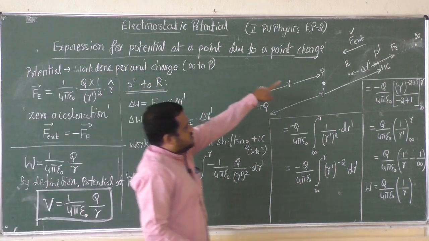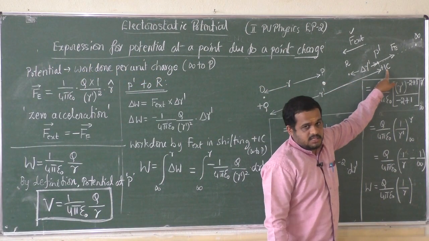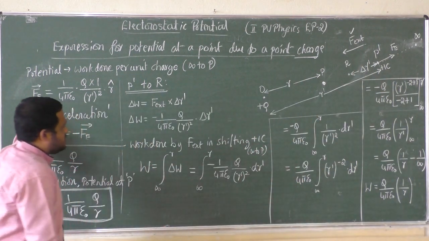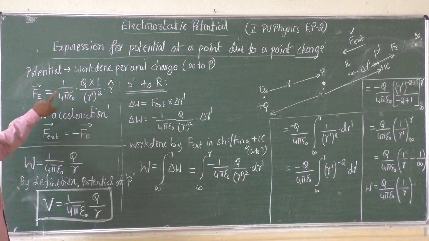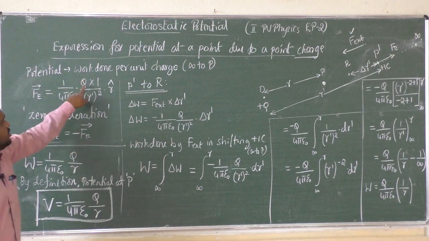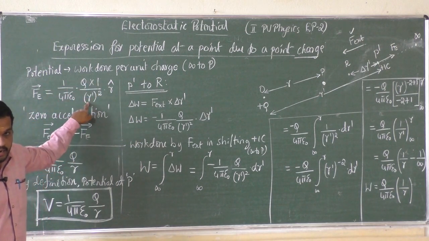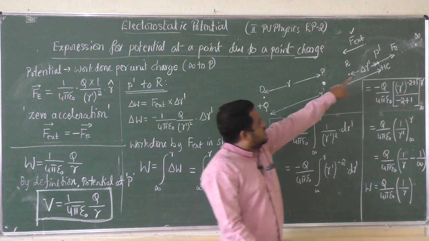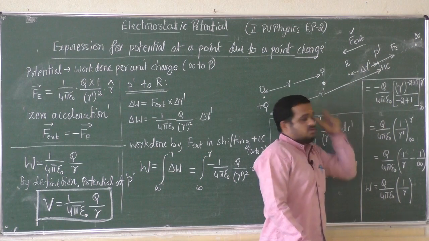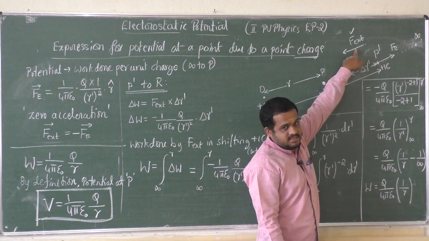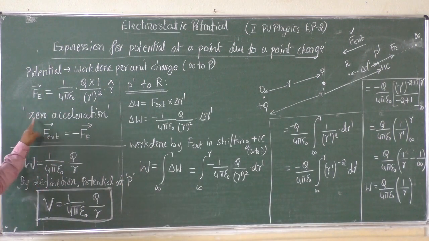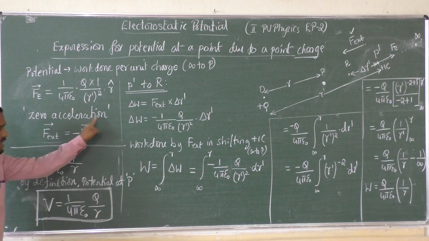When the unit positive charge is at P dash, it will experience an electrostatic force due to the source charge, which is given by 1 over 4 pi epsilon naught q into 1 divided by r dash square. To move that unit positive charge towards the source charge, external force is necessary, and we considered a condition to move that unit positive charge against the electric field with zero acceleration.